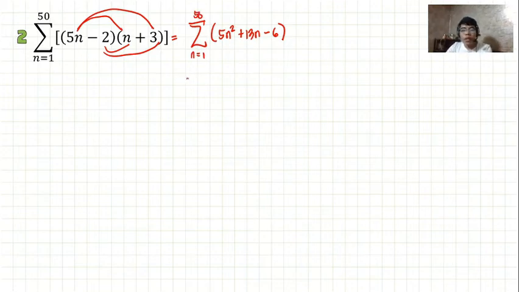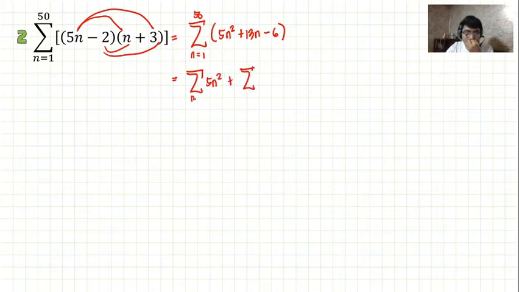So there. Now from that, since we have three expressions here separated by plus and minus sign, we can apply property 3, right? So from that, we will now have summation of 5n squared plus summation of 13n, and by the way, the upper bound and the lower bound, do not forget to write, n is from 1 to 50, minus summation of 6, n is from 1 to 50.